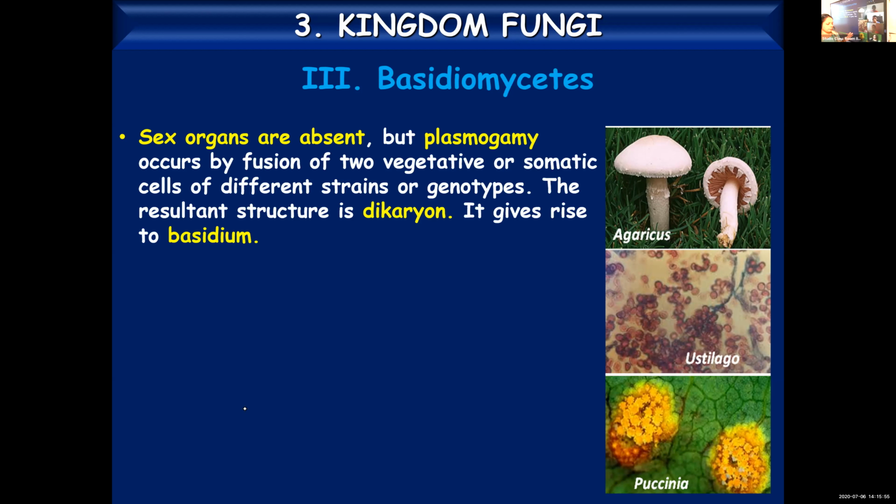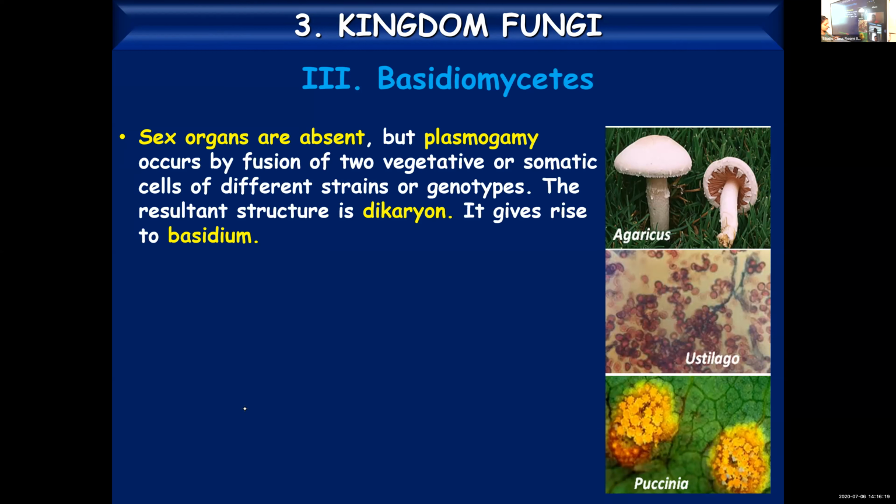Between the fusion of two gametes, their nuclei come together and should fuse to form a zygote. But there is a stage in between, and they remain as N plus N for a while. That is known as dikaryon, but later they'll fuse together and form 2N.